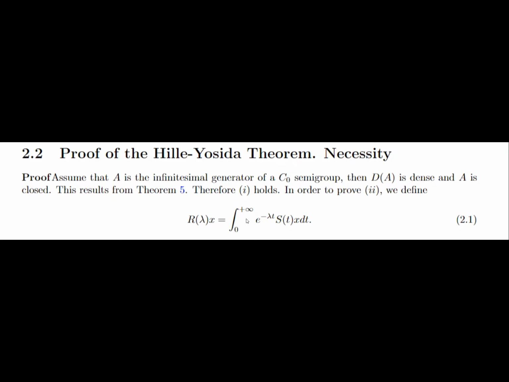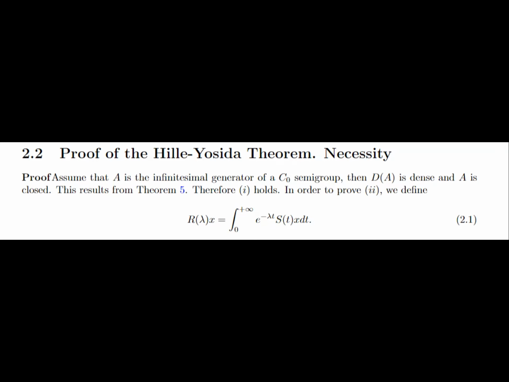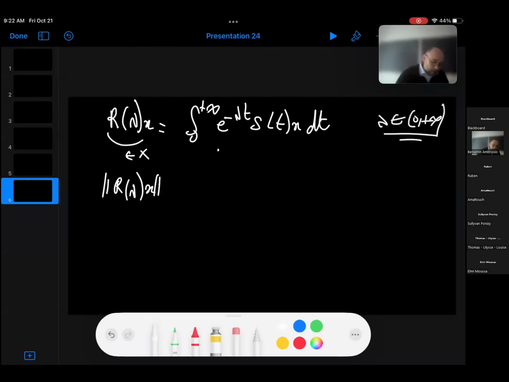This is kind of the Laplace transform of S(t)x. So for each lambda, we define R_lambda of x as the integral between 0 and plus infinity of this thing. So first of all, let's prove that this is well defined.